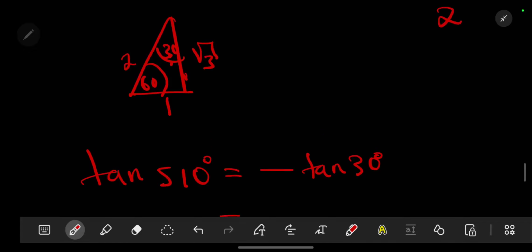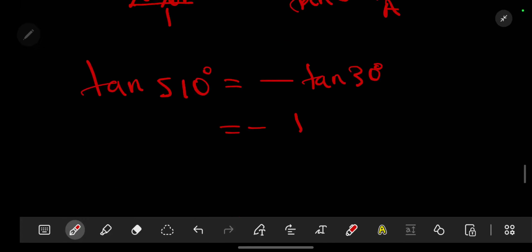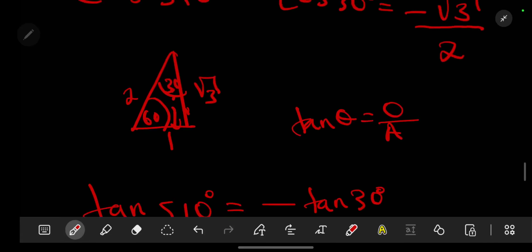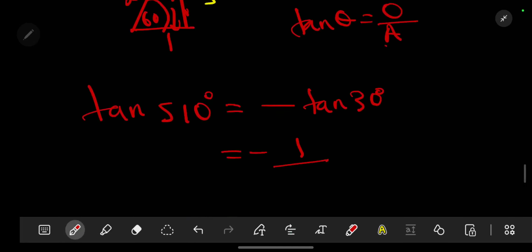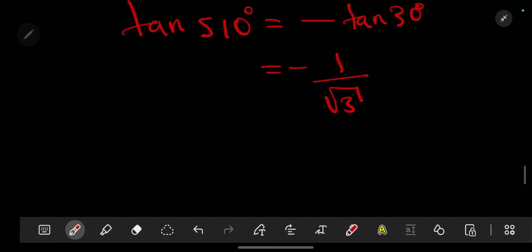Looking at that, tan of theta is equal to opposite over adjacent. The opposite to 30 is 1, so we have the negative of 1 over the adjacent, which is the root of 3. Adjacent to 30 is the root of 3, so we have 1 over the root of 3.